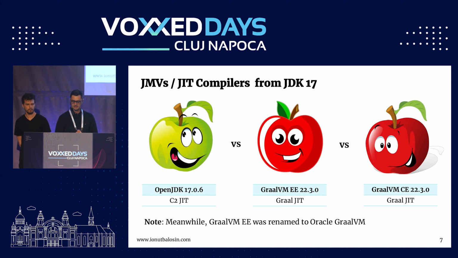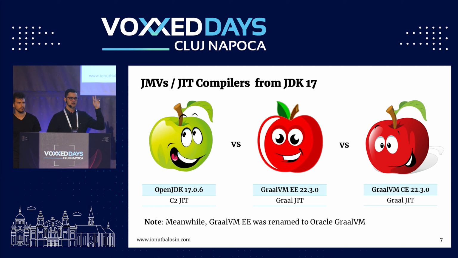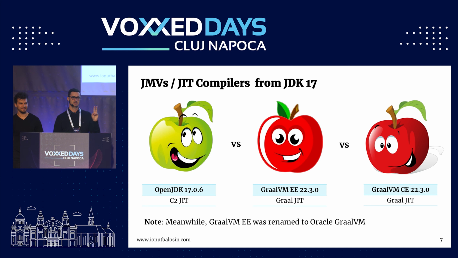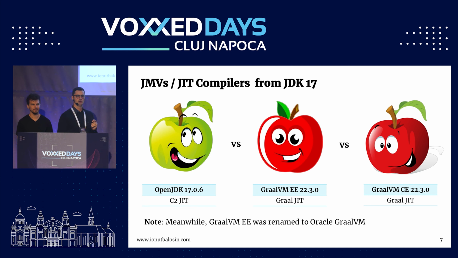Which one of these JVMs do you use? Do you use OpenJDK? Yes, good. Who is using Graal? Okay, but there are some people missing. What are you using? OpenJ9, or you don't know?